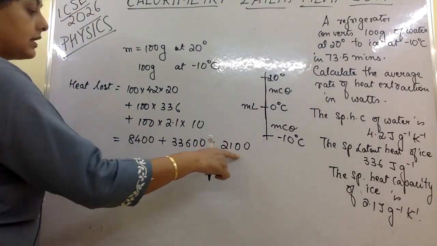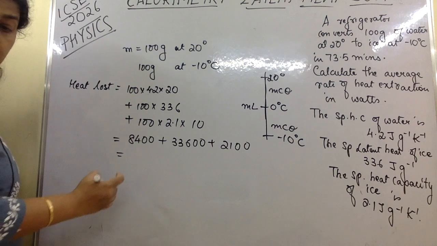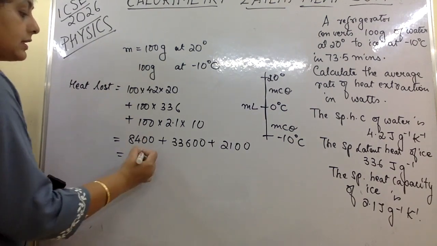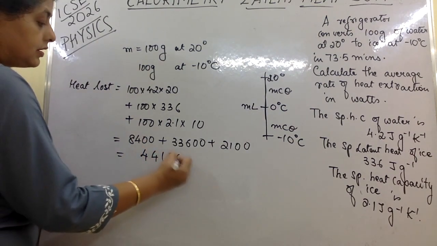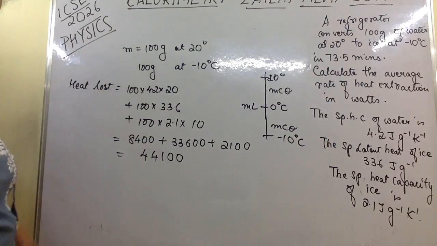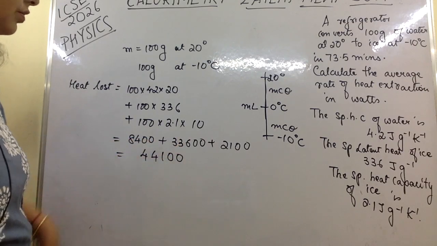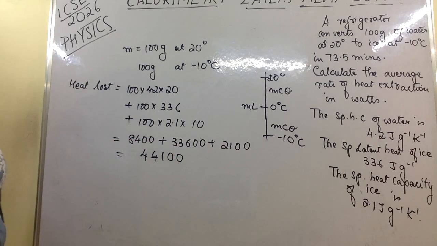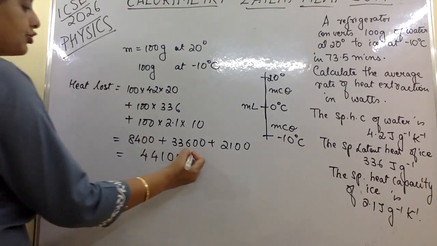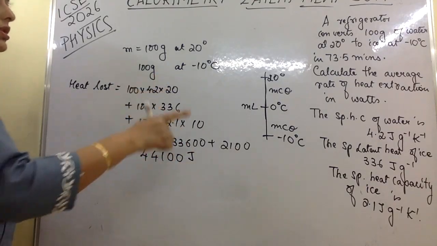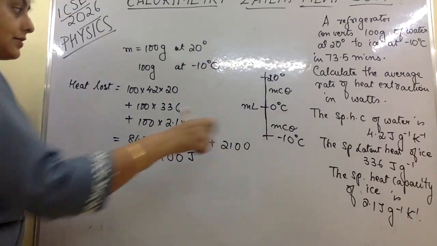If I multiply this, I get 44100. Here it's already 33,600. So it comes to 44,100 joules. This much heat it has to lose to come to ice at minus 10.